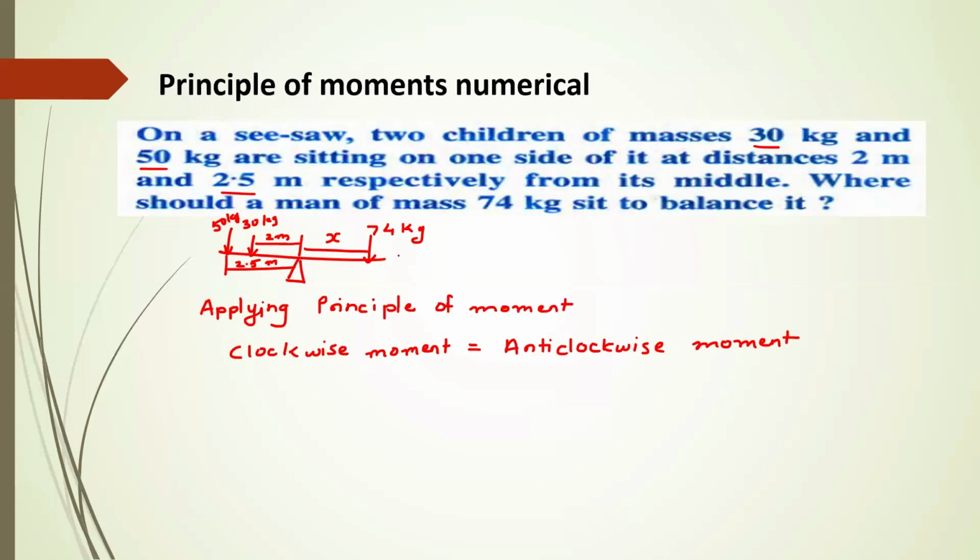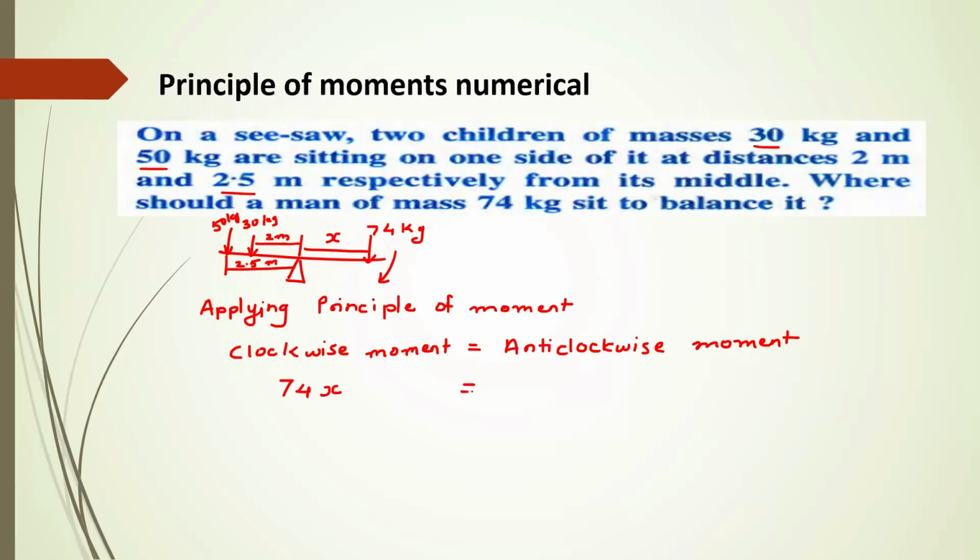Now, if you look at the diagram, you'll understand the 74 kilogram of weight will try to turn the seesaw in the clockwise direction. And at what distance has it been acted? It is x. So I write the clockwise moment as 74 into x.